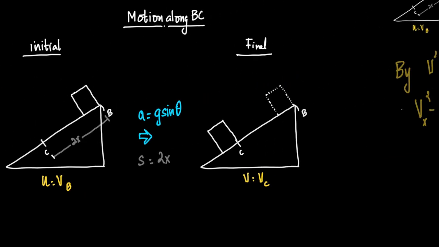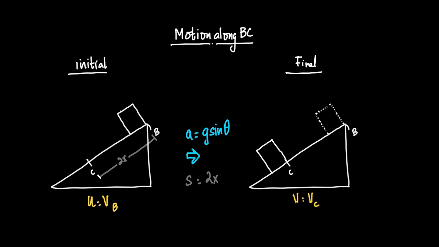Now, if you consider the initial and the final position, where initially the body is at B and finally the body is at C, the initial velocity is Vb, the final velocity V is the velocity at C, the acceleration is g sine theta, and the distance traveled is 2x.